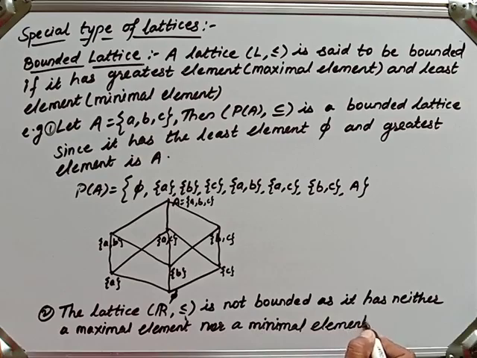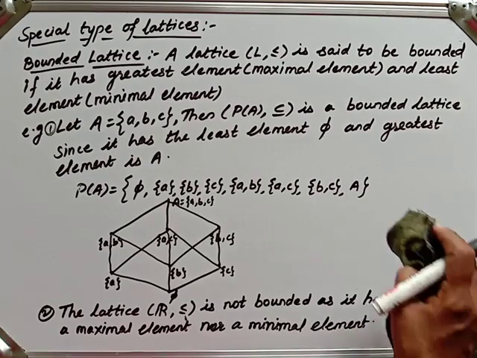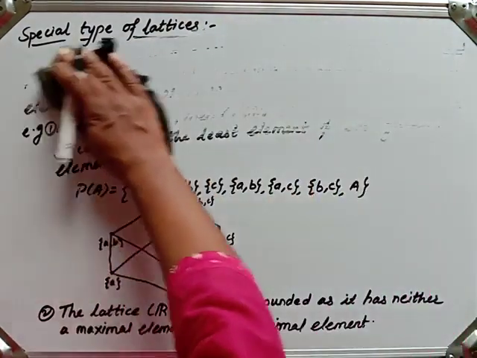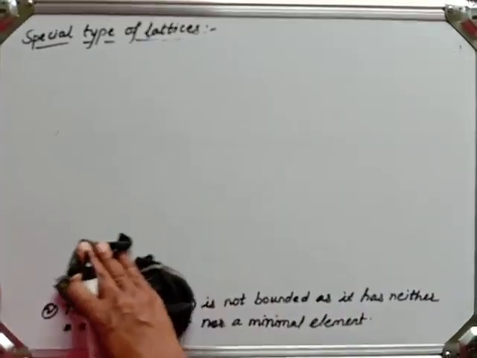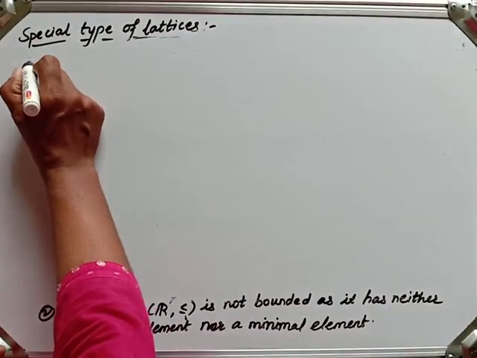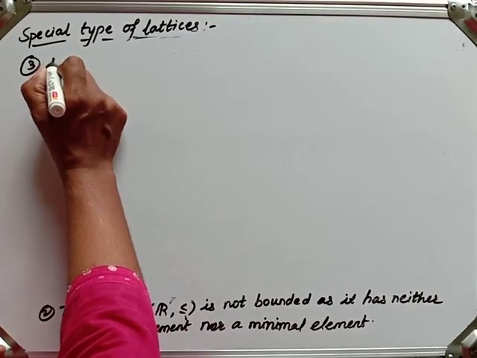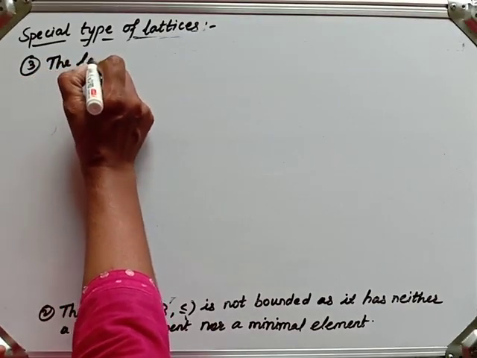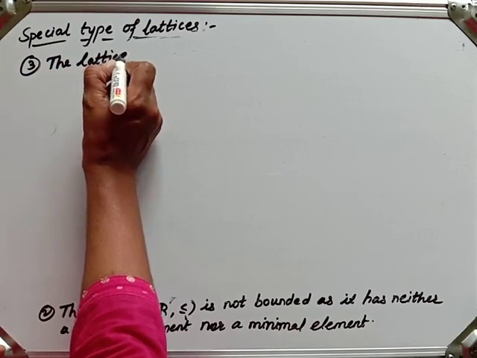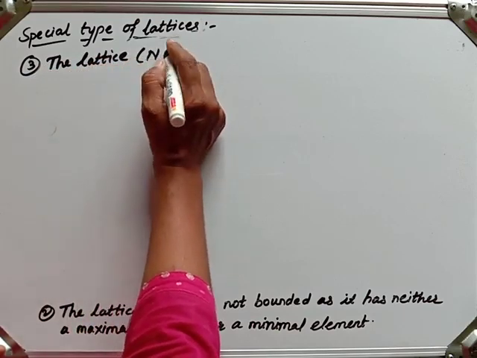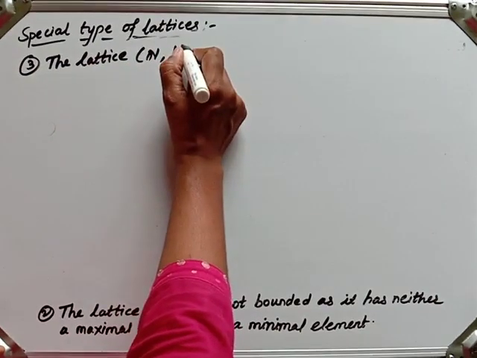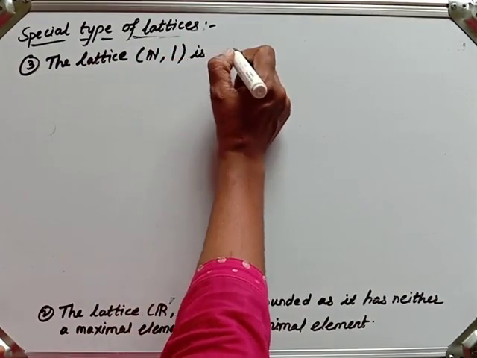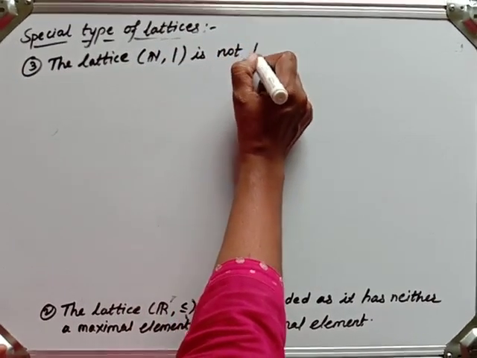While if we take one more, the set of natural numbers with the division, or divides, relation, this lattice is also not bounded. Why?